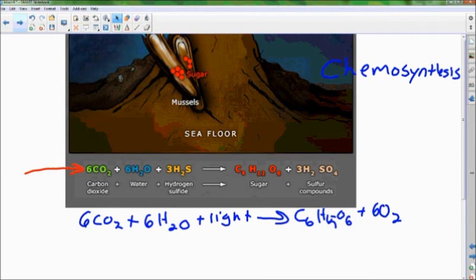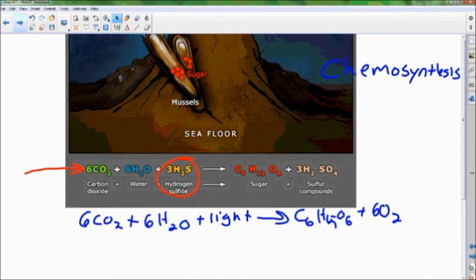By breaking down that hydrogen sulfide right here, they get out energy and they make sugar just the same, but here instead of releasing oxygen, they release these sulfur compounds, H2SO4, which is sulfurous acid, that is just the waste products of that overall process.